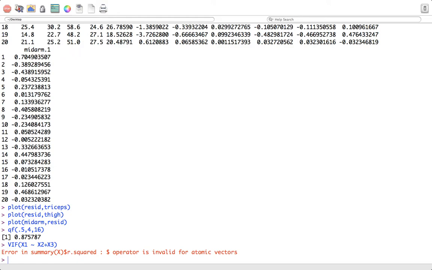No, doesn't work. Guys, hold on just a second. I've got to do some homework here. I forgot how to enter in the variance inflation factor. Hold on just a second.